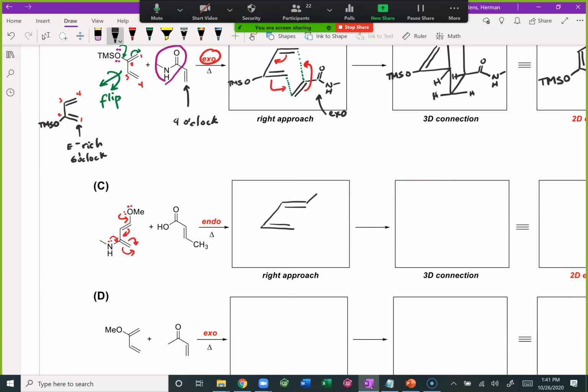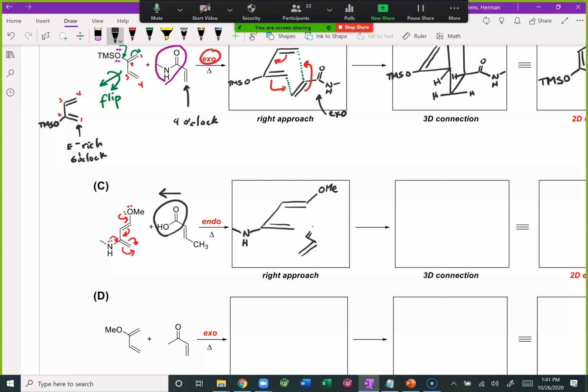My methoxy group will be out here. My N-methyl group over here. And I'm ready there. Endo, that also is ready for endo. Now this group has to be inside to the left. And so I'm going to do this.